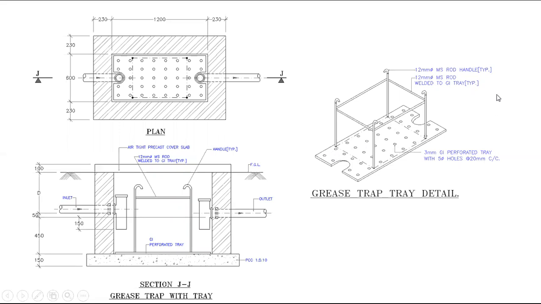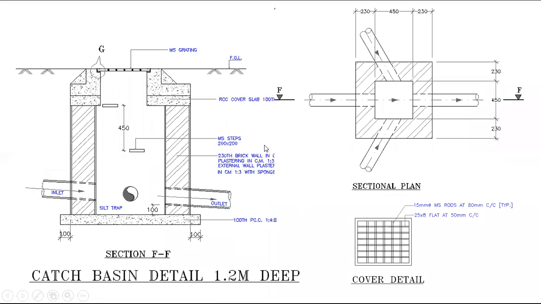They will remove it, wash it, and again keep it here. Like that they will remove the oil sludge. So for preventing oil from the network, we have to use a grease trap or oil trap in our network. We should keep that chamber in mind.